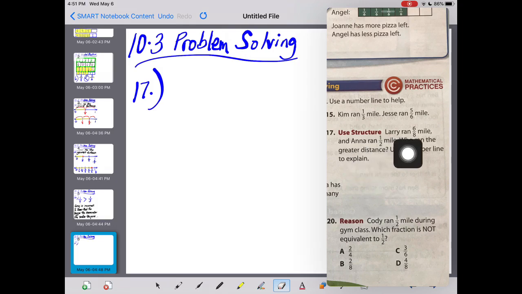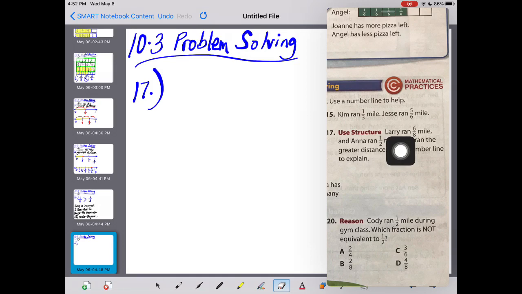Number 17 says, Larry ran 6/8 mile and Anna ran 1/2 mile. Who ran the greater distance? Use a number line to explain. Okay, so I'm going to challenge you guys. I would like for you to draw one number line and go ahead and mark it up.